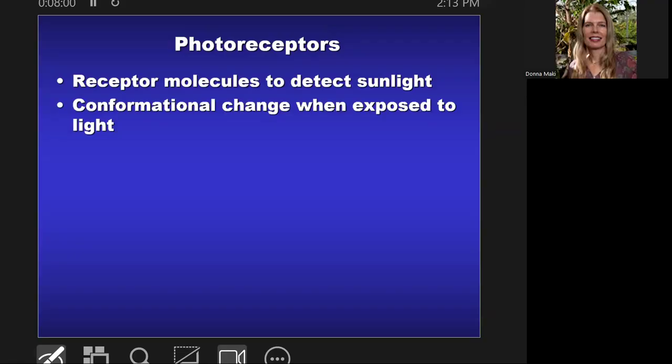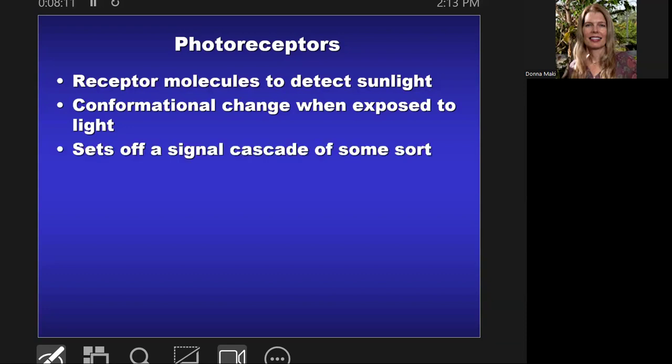Believe it or not, they go through this really kind of simple, elegant conformational change when they get exposed to light. And that is enough to set off a signal cascade of some sort into the cells and then some kind of response.